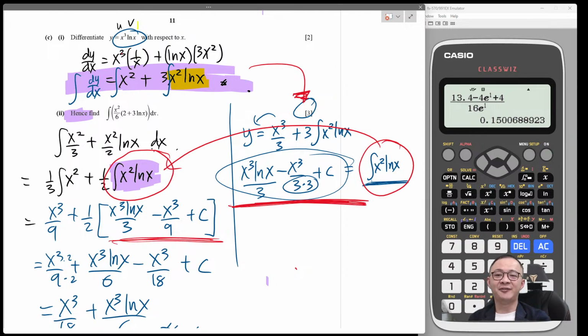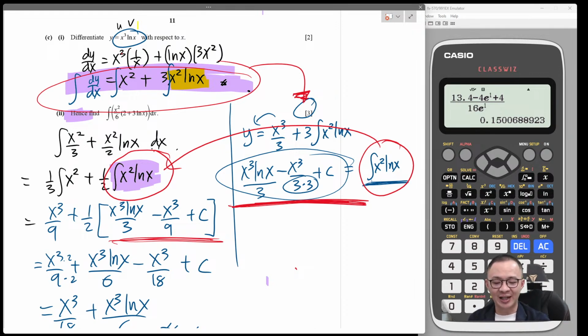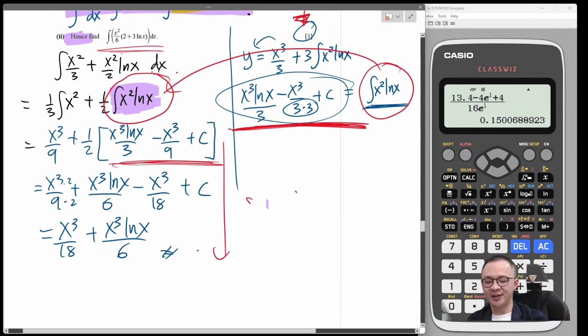If you are really blur about what is going on here, you need to learn how to simplify the solution first. That means I add the integration sign for every single term. The purpose is to simplify this until I get the integral of x squared ln x. Then I can sub it into my integration equation here, and then here it is basically just simplified.